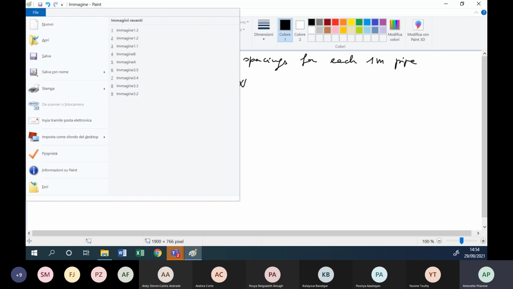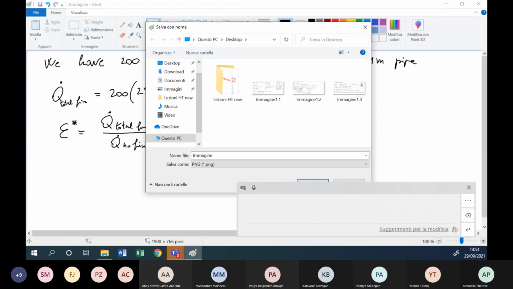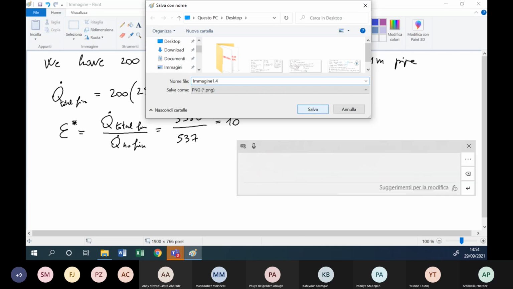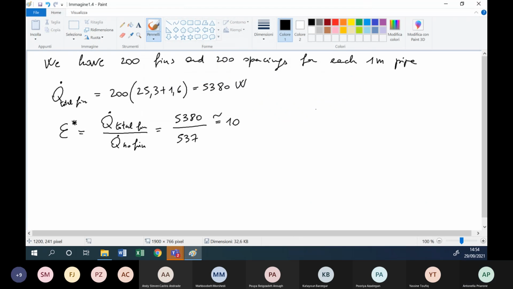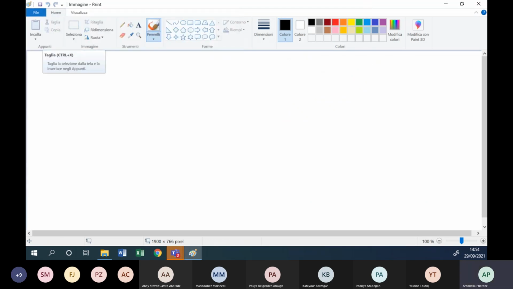Now, new example. You can find the text of this new example also in the same file of heat transfer exercises.